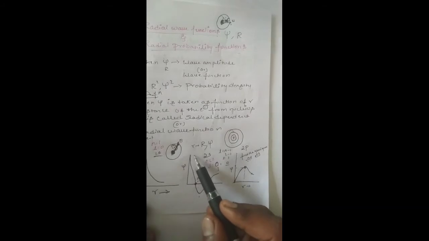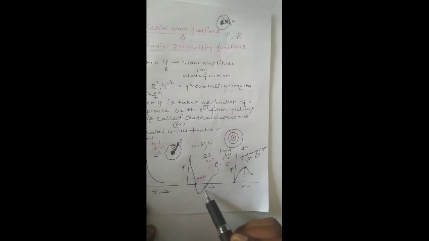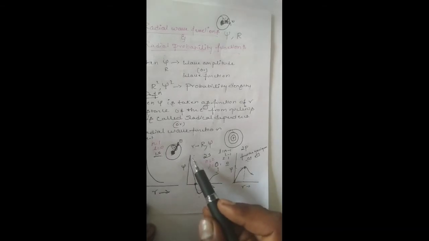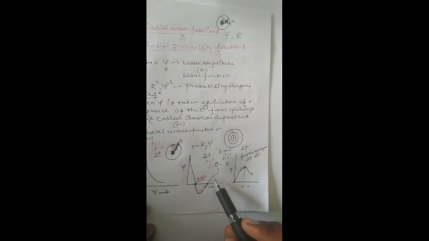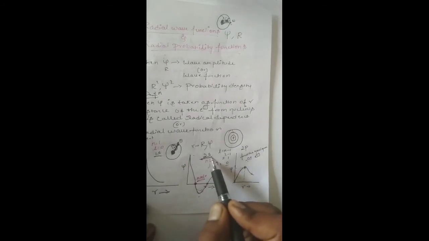The graph goes towards 0, and this point is the node. I will explain the definition of node next. Again it increases. If the radius increases in the 2s orbital, the wave function decreases and then increases, moving from positive to negative. You want to remember this point.